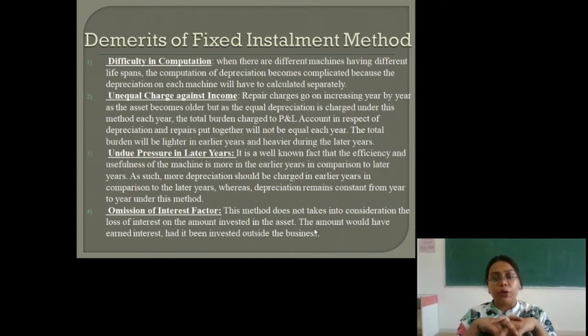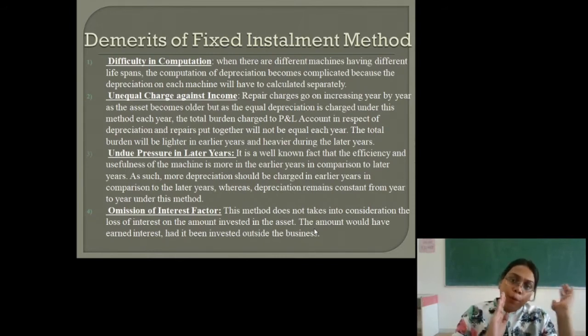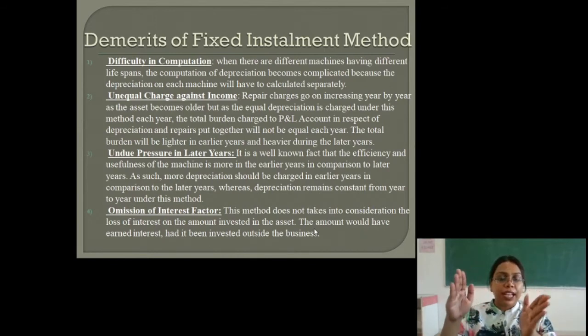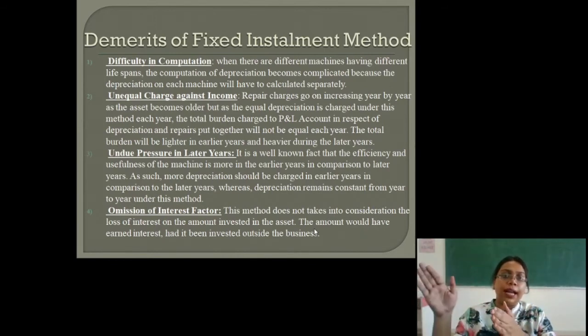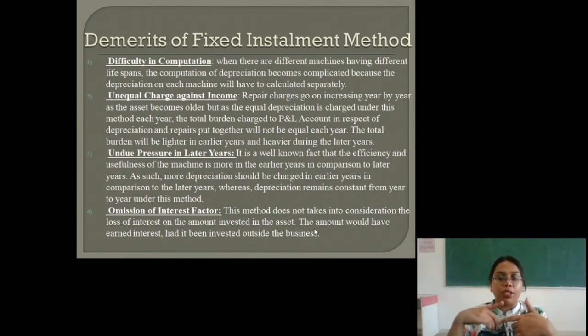It is a well-known fact that the efficiency and usefulness of a machine is more in earlier years in comparison to later years. The machine is useful and efficient at the start of its use, rather than as it moves forward and is used constantly.